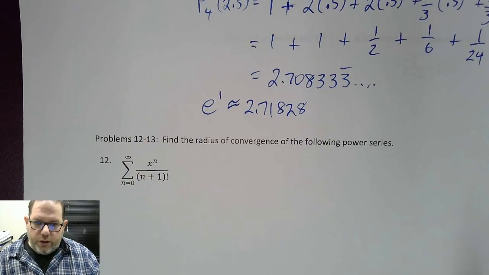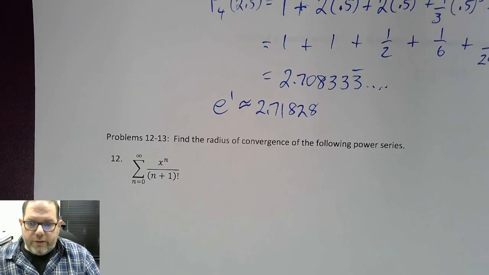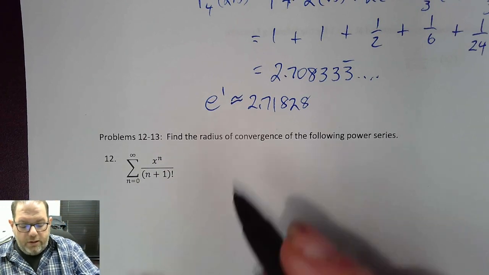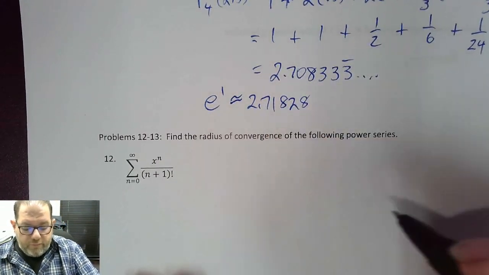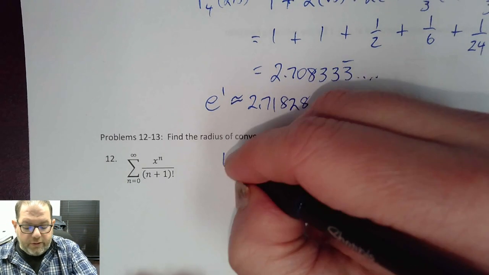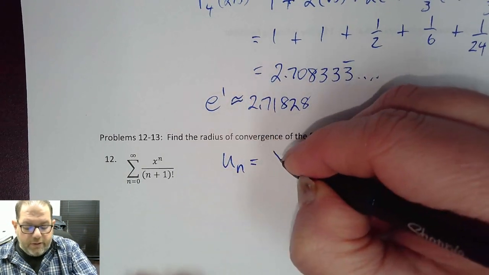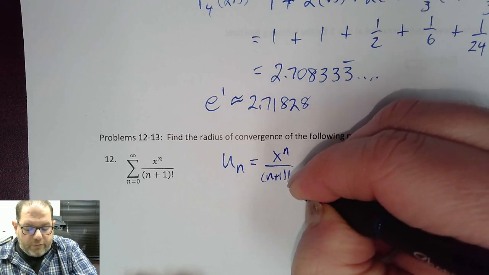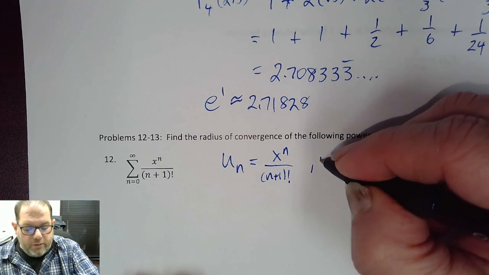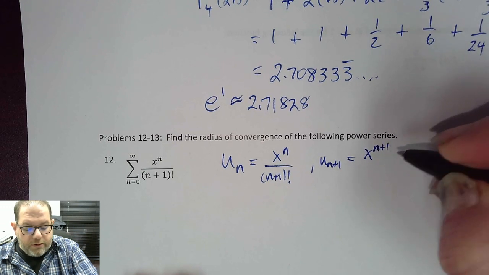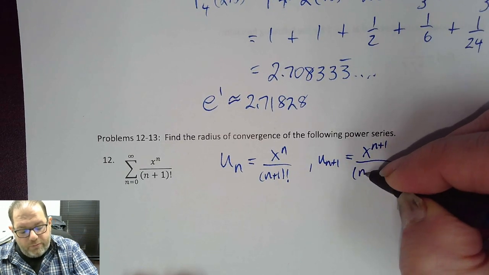All right, 12 and 13: test or find the radius of convergence of the power series. Now, for a radius of convergence, we have to use the ratio test for power series. So we said, okay, u sub n is x to the n over (n plus 1) factorial, and u sub n plus 1 will be x to the n plus 1 over (n plus 2) factorial.